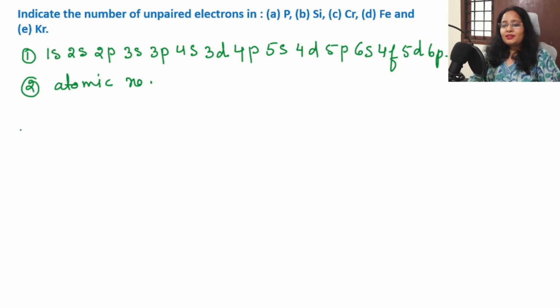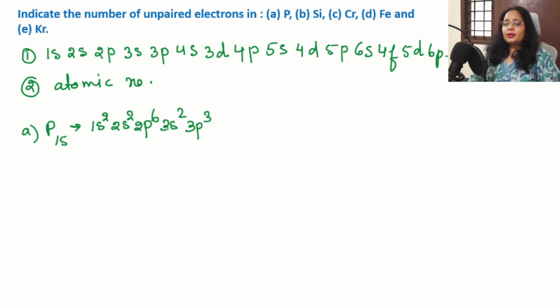Let's start with A. A is phosphorus. Its atomic number is 15. Please do remember. So now start configuration: 1s2, 2s2, 2p6, 3s2 and 3p3. Now total 10 plus 5, 15.